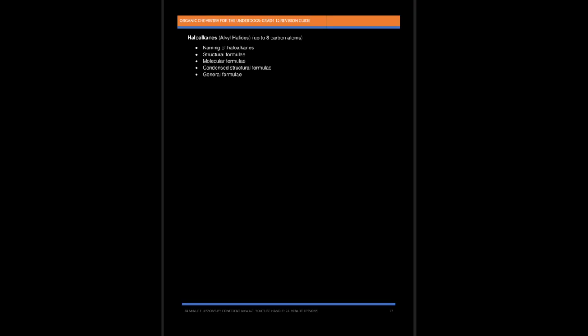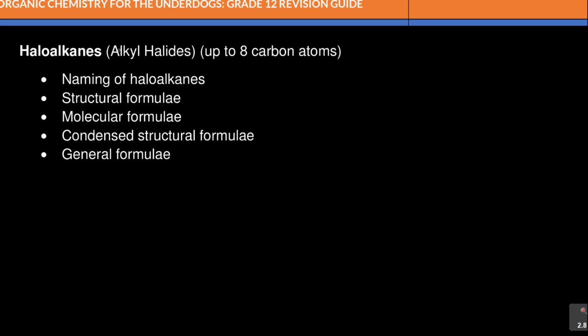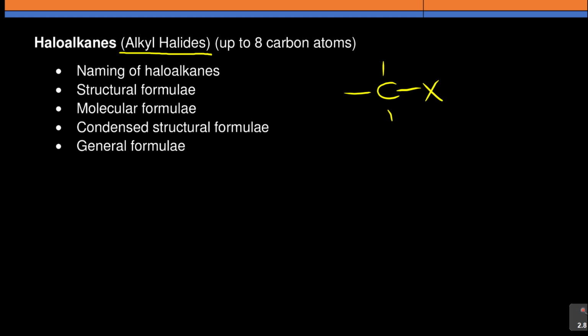The next one is haloalkanes. Now the other name for haloalkanes is alkyl halides. Now these ones I told you that they end up with C and X. This is the functional group, C and X. And then their naming, guys, it depends. There are 4 different X's here.